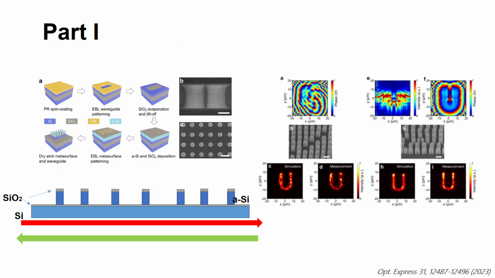So the first part is about the silicon metasurface platform. The left figure shows how they made this device. They use e-beam lithography and silicon oxide evaporation and deposition to make the metasurface.